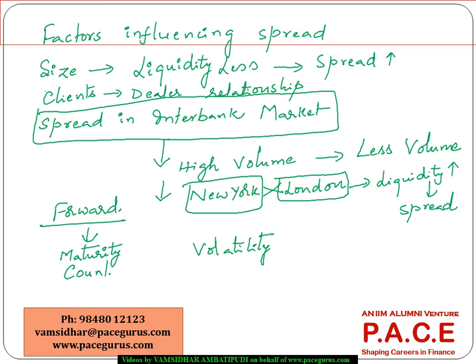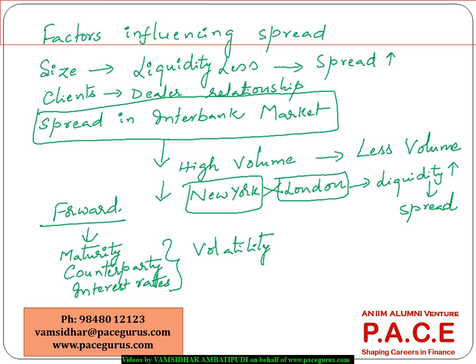Similarly, counterparty credit risk will be much higher in the case of long-term contracts. Obviously, long-term forward contracts will have a bigger problem. And similarly, the interest rate risk also will be a bigger problem because the interest rates can fluctuate quite drastically during this period.